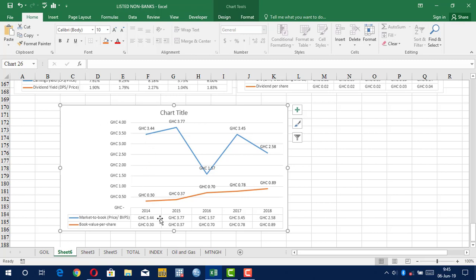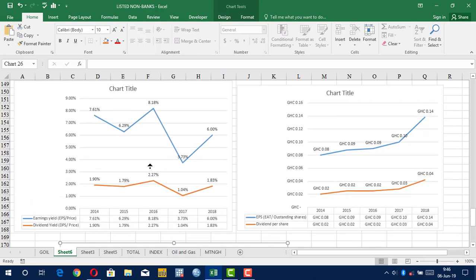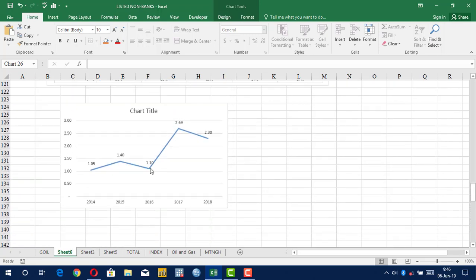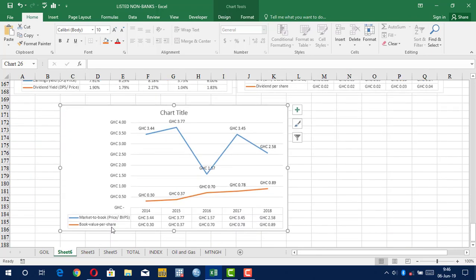So we can see that in 2014 the market to book value, that is the market price of the share compared with the book value of the share, was 3 cedis 44 pesos. Now if you look at the market price in 2014, we saw the market price to be 1 cedi 5 pesos, and the market to book value is 3 cedis 44 pesos.